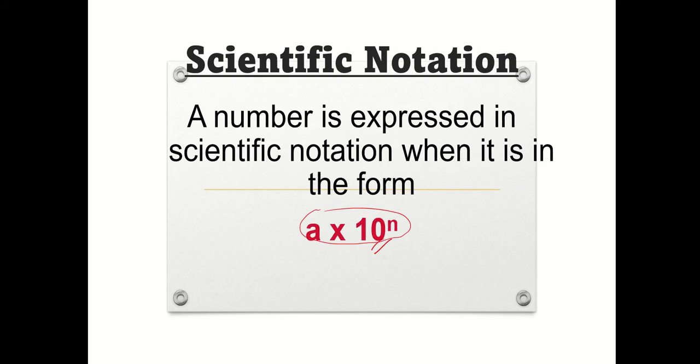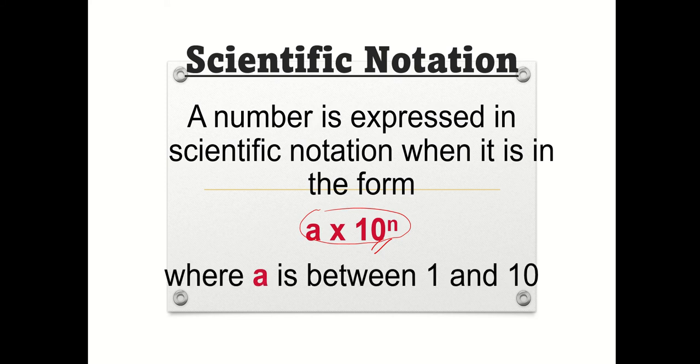Again, scientific notation is expressed in the form a times 10 raised to the nth power, wherein a is a decimal number between 1 and 10, and n is the integer that tells us how many times 10 is used as a factor.